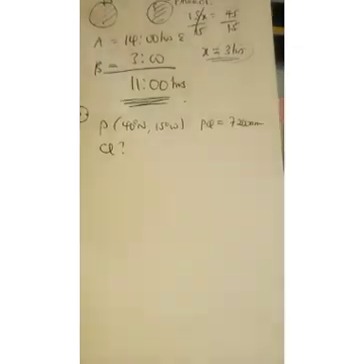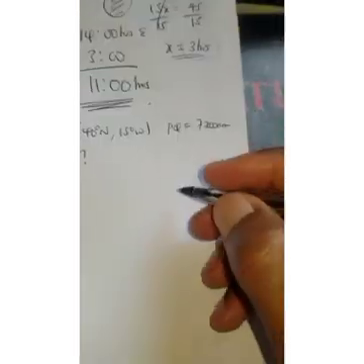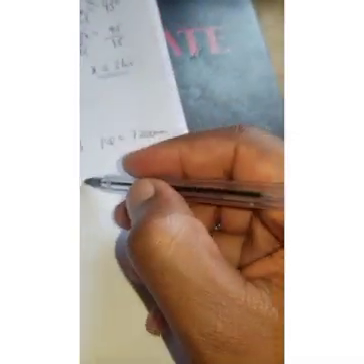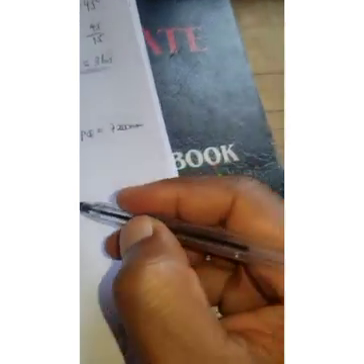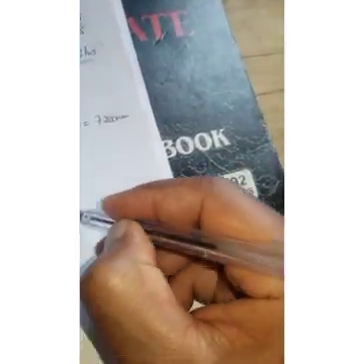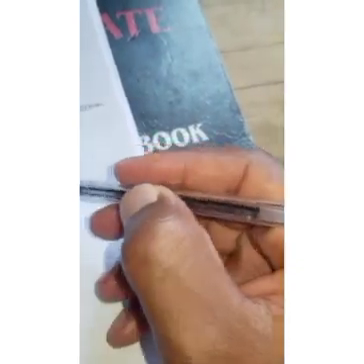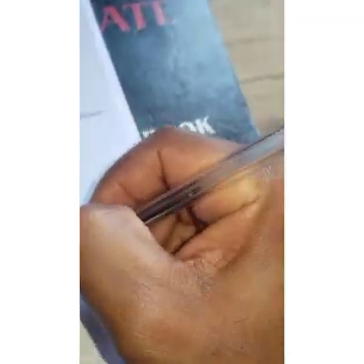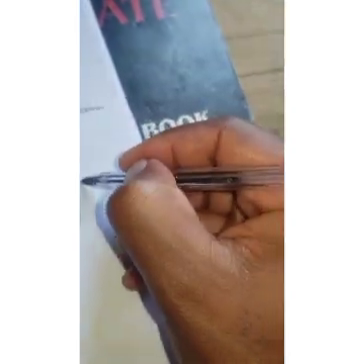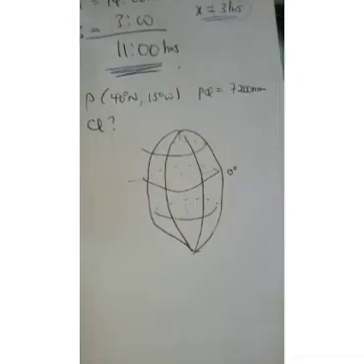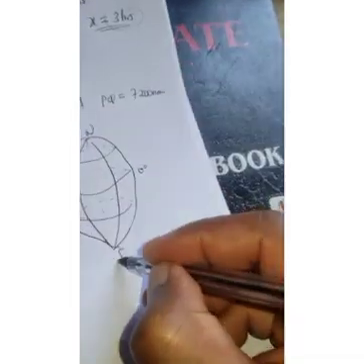So when we do a rough sketch of the earth, it will look something like this. This is the equator, north and south.